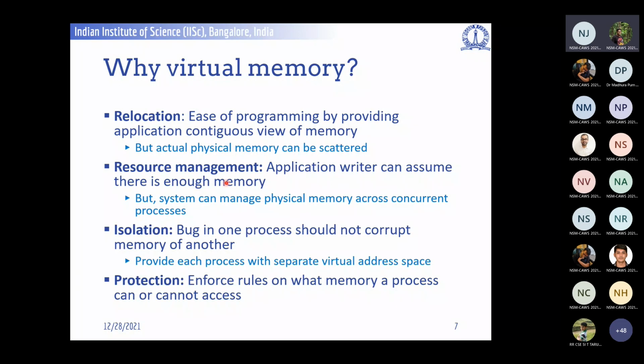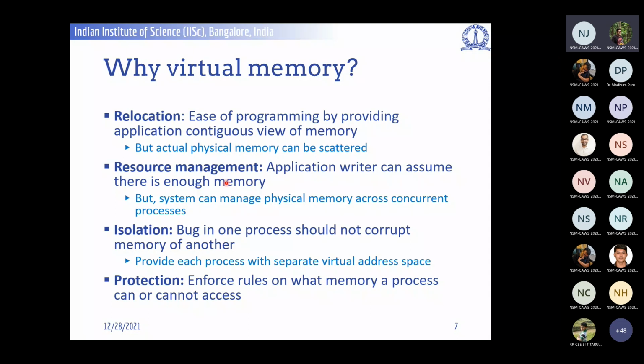Then, within a virtual address space, you can have different protections, right? For example, you might want to make sure that the code region, which is also within the virtual address space of the given process, should not be written to. You can put permissions such that it cannot even mistakenly be written to.